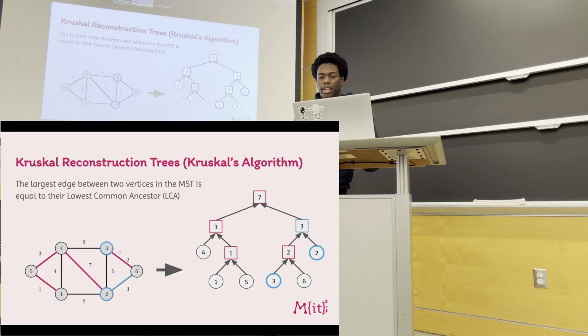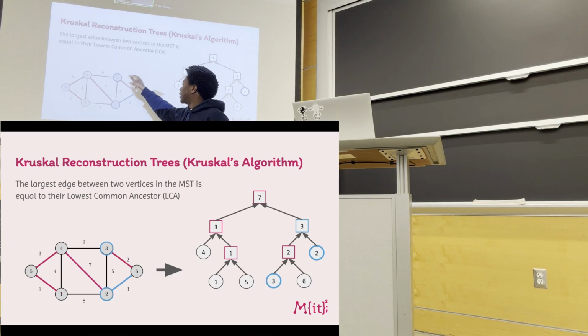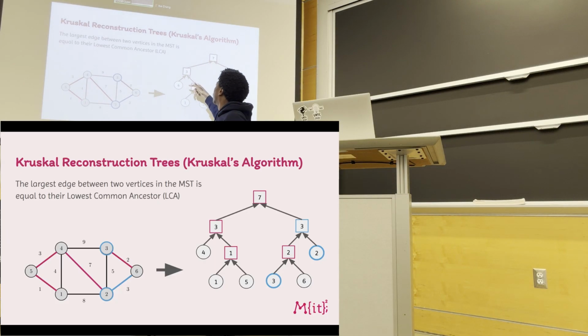For a short intuitive proof for why this works, you can think of any path in the MST as being a path in the reconstruction tree. From that, you can see that every ancestor here corresponds to an edge you're traversing. That means the highest vertex in this path ends up being the highest edge weight, since we added them in order.